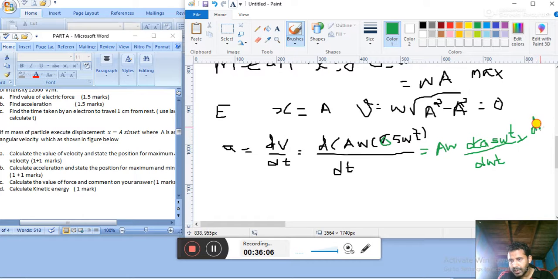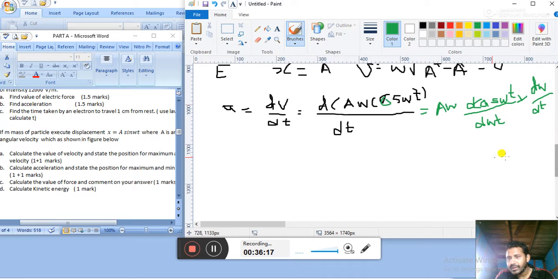While finding velocity we converted in terms of x, but while differentiating we keep the function in terms of time.